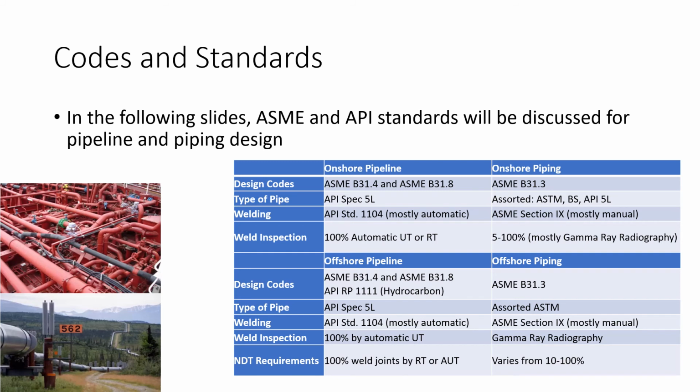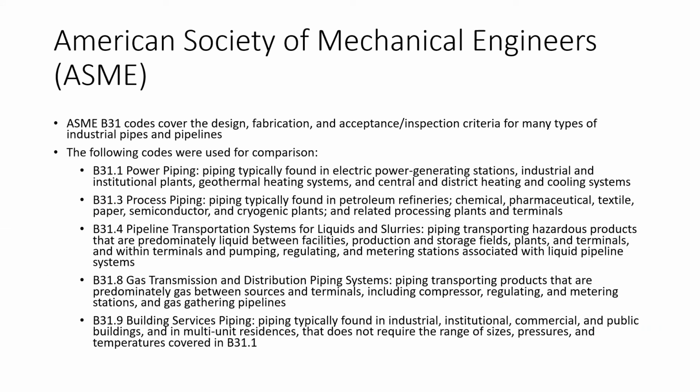This table shows the difference in codes and standards used in design and inspection of onshore and offshore pipelines and piping. The ASME B31 series of codes govern the design, fabrication, and inspection of different types of industrial piping and pipelines.